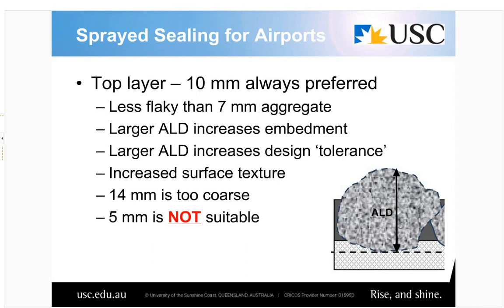And by tolerance, I mean if we're targeting between 2/3 and 3/4 of the stone ALD being pushed into the bitumen film, then if the ALD is bigger, the tolerance or the gap between the minimum and the maximum is increased. As you get to smaller and smaller stones, you're essentially reducing your tolerance to where it's, in my view, less.